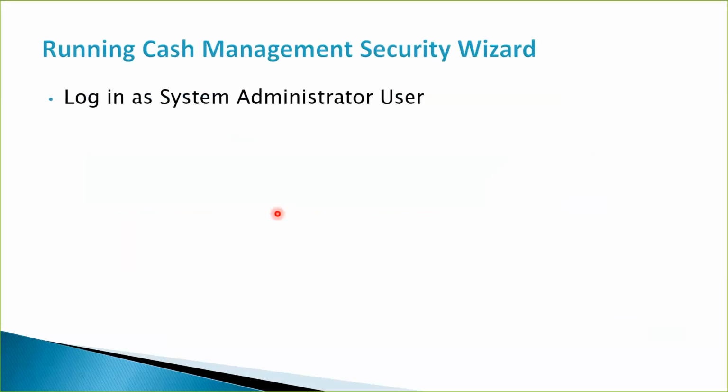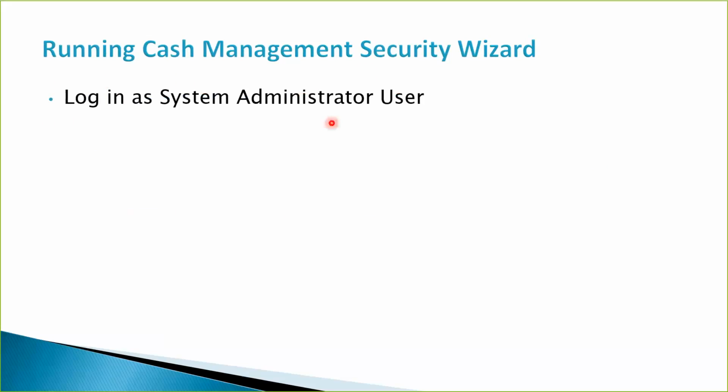We said that in order to create that association, we need to run the cash management security wizard. That is where we are able to create that association between the bank account and the legal entity. In order to run this security wizard, we have to log in as a system administrator.